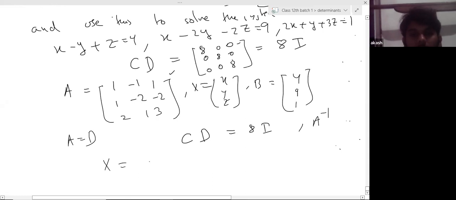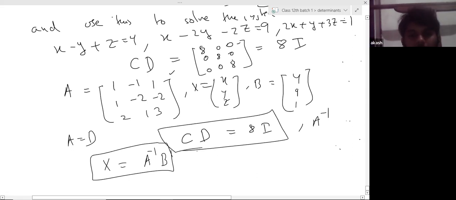Because to find X, we'll use A inverse B. How can we use this to find this? Can anyone see the relation? Any guesses?